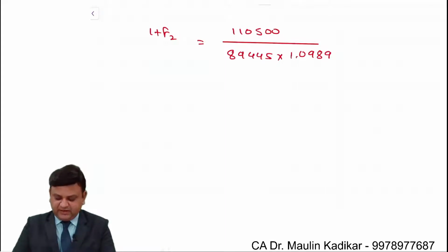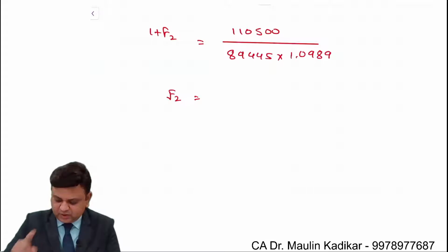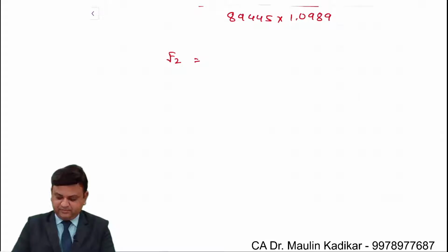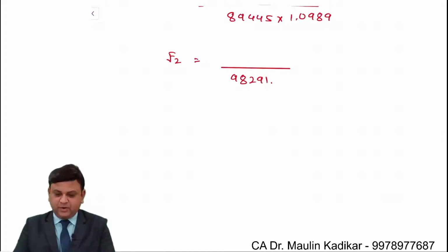That is the way F2 will be calculated as the balancing figure. So 89,445 into 1.0989 comes to 98,291.11.